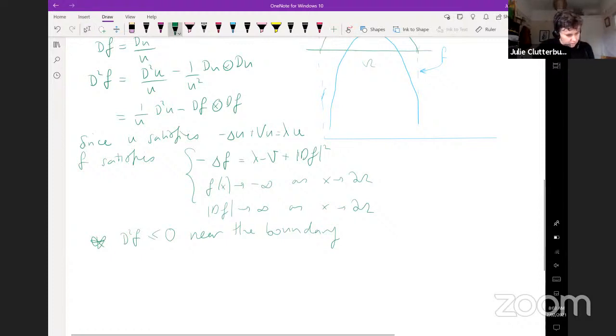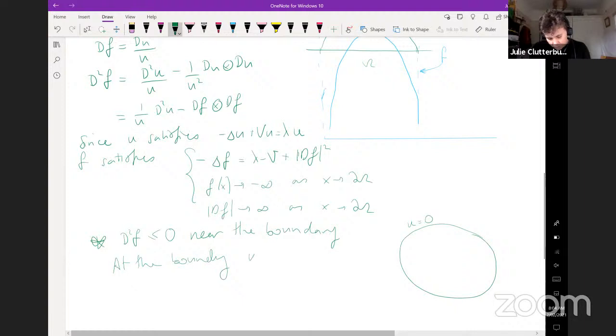What we are going to observe is that on the boundary, u is constant, it's equal to 0, and so the tangential derivatives are always 0.